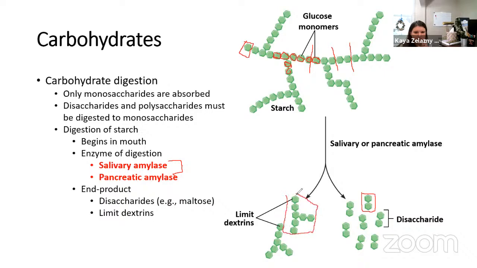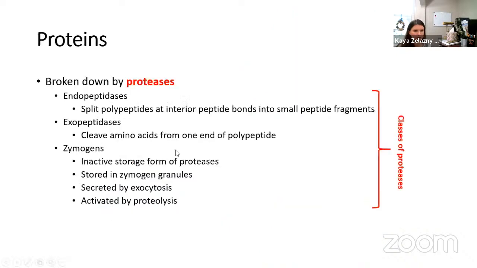Limit dextrins are produced when we're breaking down one of these branch points. So a limit dextrin is a small-ish carbohydrate that includes a branch. The enzymes have trouble breaking down these corners into disaccharides. So that's when we would produce a limit dextrin.